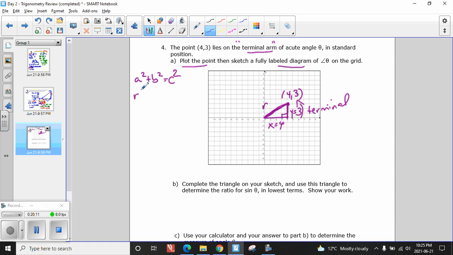And I am actually going to flip it here to get the radius by itself. And then a squared plus b squared. I'm just using the two perpendicular lengths. Order doesn't matter. Working my way through the Pythagorean theorem, we're going to have to square root both sides. The radius is 5.